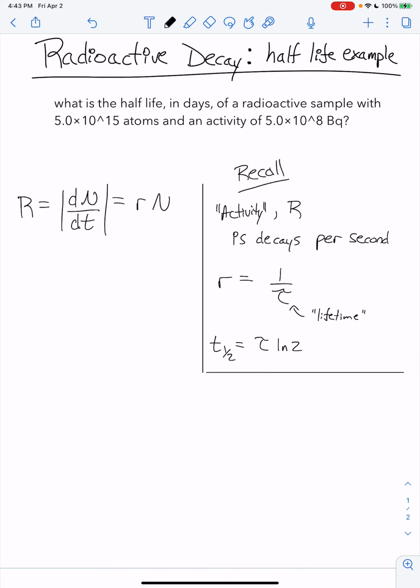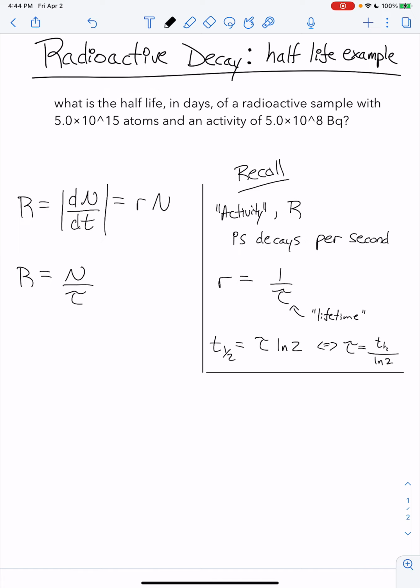Okay, so let's look back at our equation for R here, and what we can do is substitute in for R a value for 1 over tau. So now we have N over tau. And then we're going to substitute in a value that gives us our half-life. So tau, we could rearrange this and say, well, tau is equal to our half-life divided by ln 2.